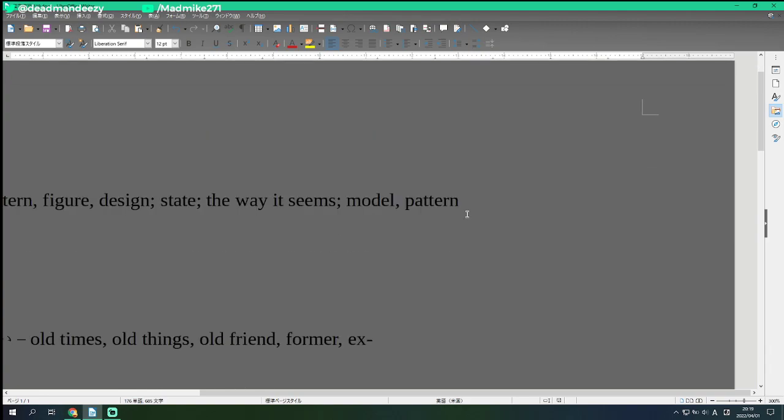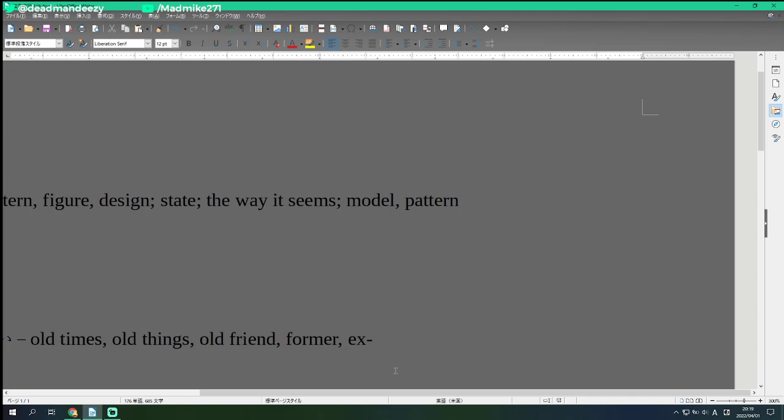Our first word of the day was a pattern, figure, design, state, or the way it seems. This was a repetition of a manner or a moyo. Moyo is a pattern, design, or model. Number 2 was a rental, which was rentaru.